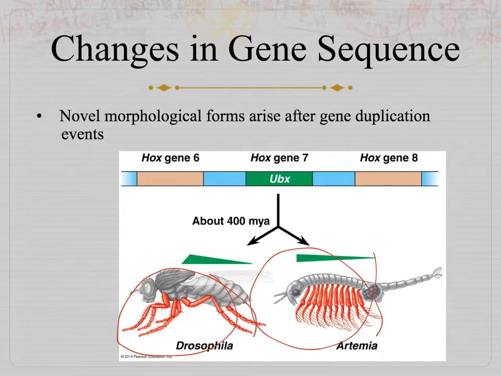So this one has lots and lots of legs, but the Ubx gene is not turned on in the Drosophila, which causes the fly not to have all of these legs in that same place. So it still has the gene, but it's not functional.